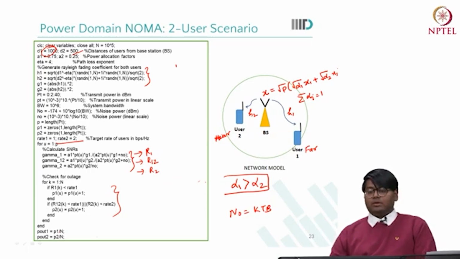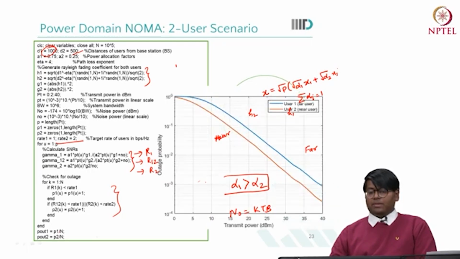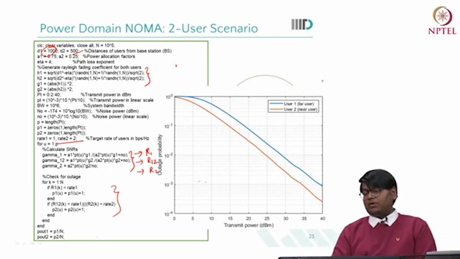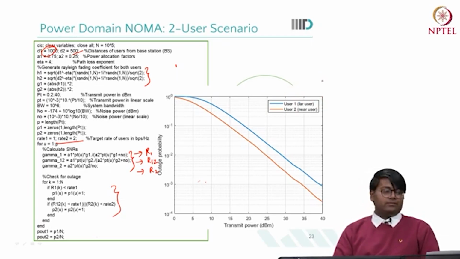Finally, what we obtain is the following result. This is the result for outage performance for user 1 and user 2 as a function of transmit power.